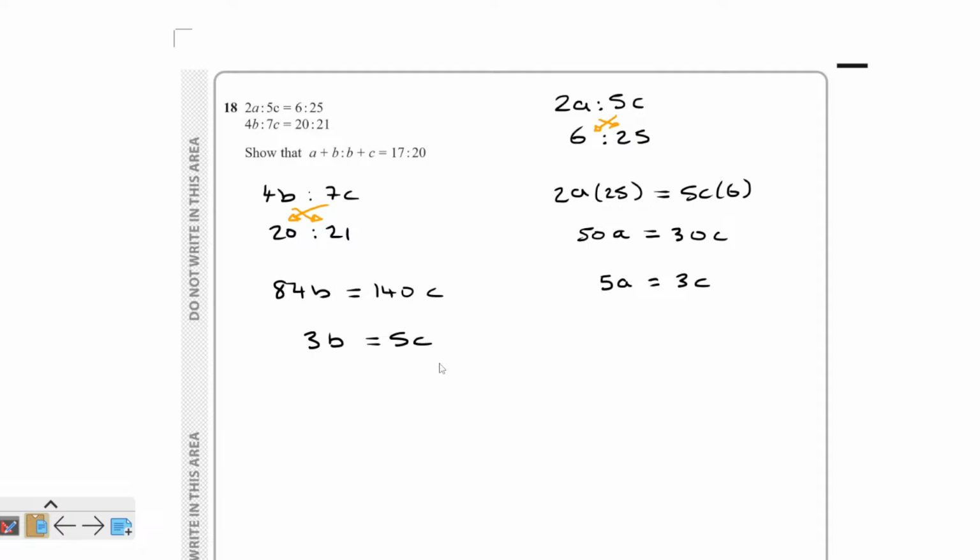If we do the literal opposite, let's do it on this one first, a to c would be the same as, and then you swap them over, 3 to 5. Now, obviously a faster way would be just dividing both by 2 and both by 5. That would be much faster actually. And the same here, divide by 4 and divide by 7. You could also do that. And then this one would be b to c, which would be 5 to 3.